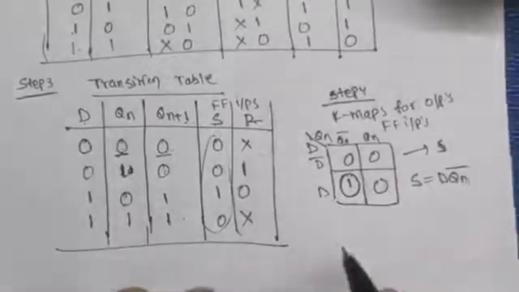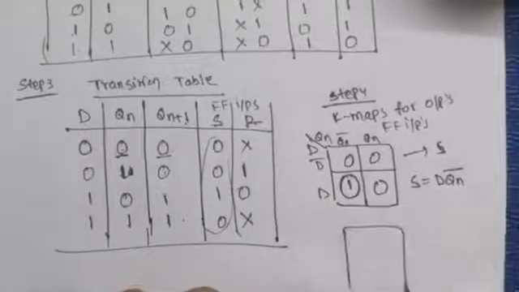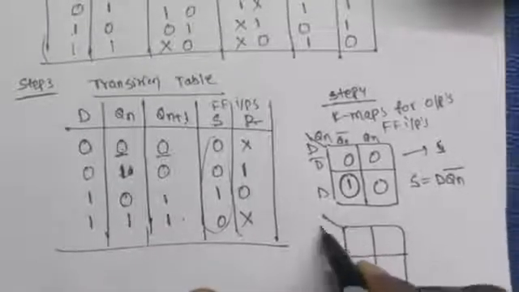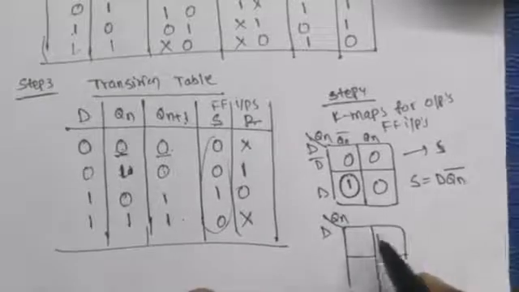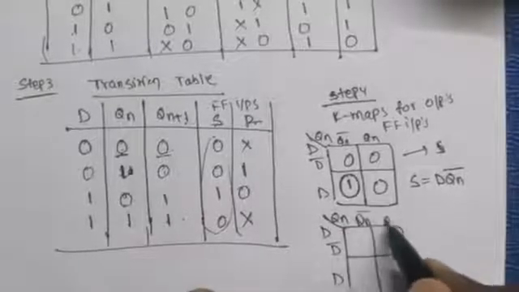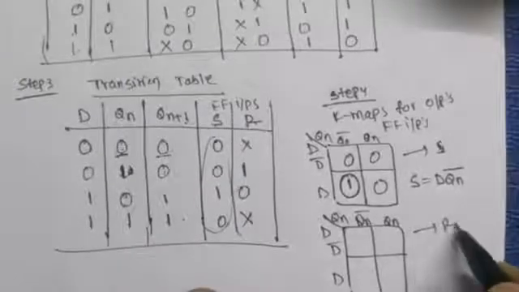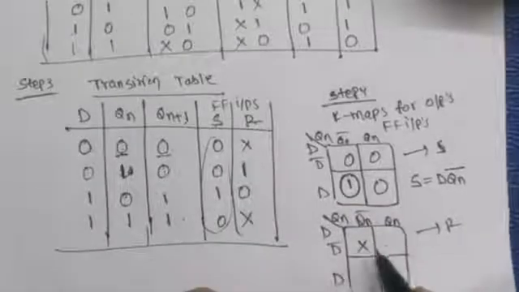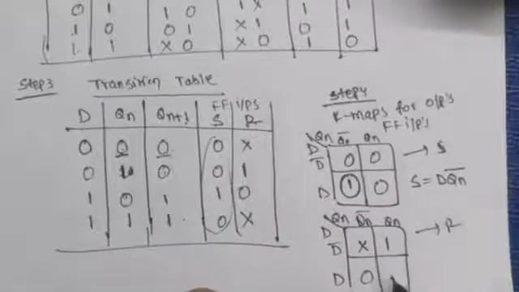Next, similarly we have to take the two variable Kmap for the R output also. Here D, Qn, this is for R: D bar, D, Qn bar, Qn. Fill the R output: x 1 0 x.